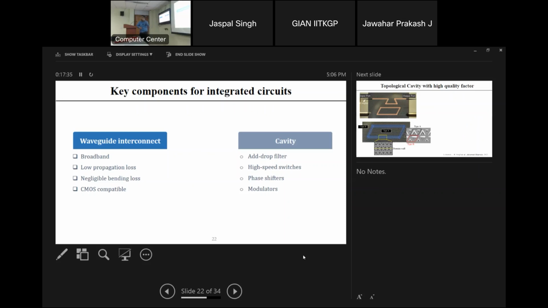If you're moving from a 4G tower to a 5G tower, it automatically detects itself. How is it detecting? Because there is a filter inside our phone which picks one frequency and sends it to another frequency. So all the functionality like filter, switching, even phase shifting and the modulator, who will do that? For that, you have to come up with a cavity design, and it will do all this functionality. So only having the waveguiding does not make any sense.